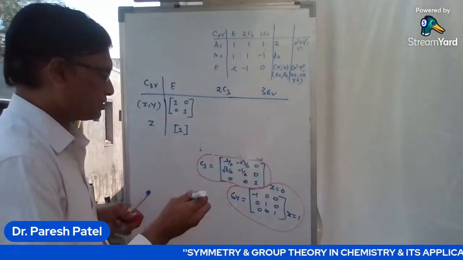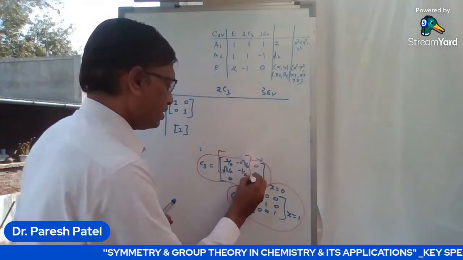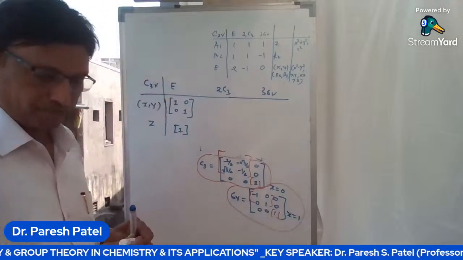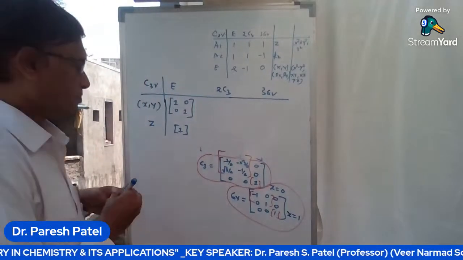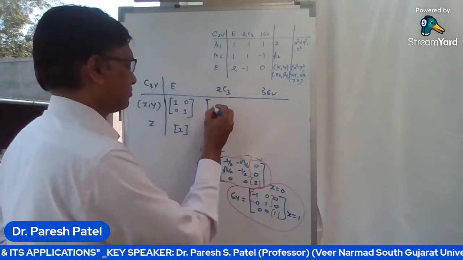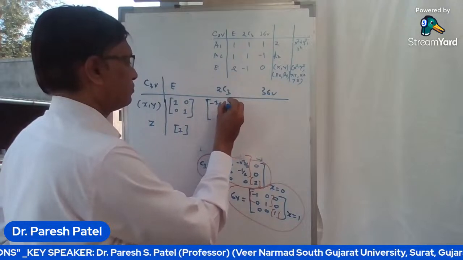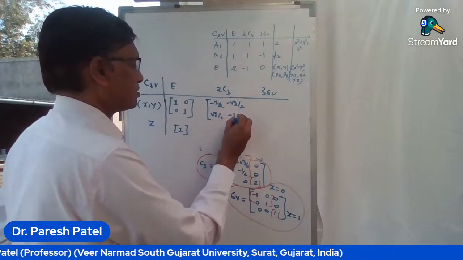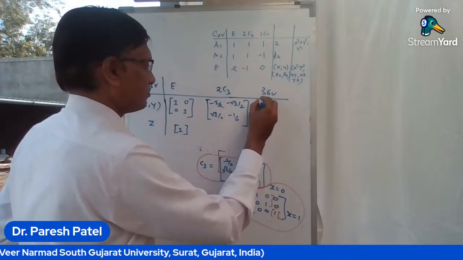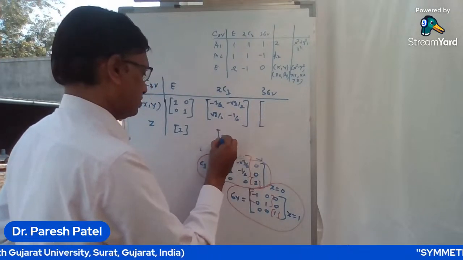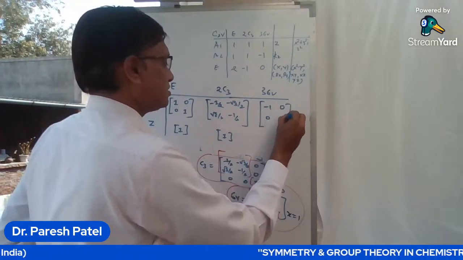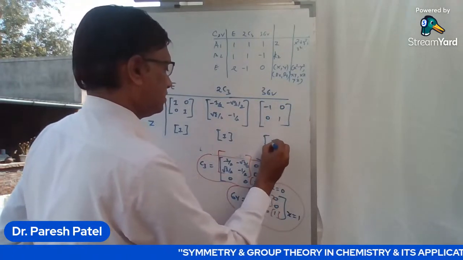Similarly, we can reduce the C3 plus into two-dimensional and one-dimensional, and sigma v. So that matrix can be represented as minus 1 half, minus root 3 by 2, root 3 by 2, minus 1 half, and 1; minus 1 0 0 1, and 1.